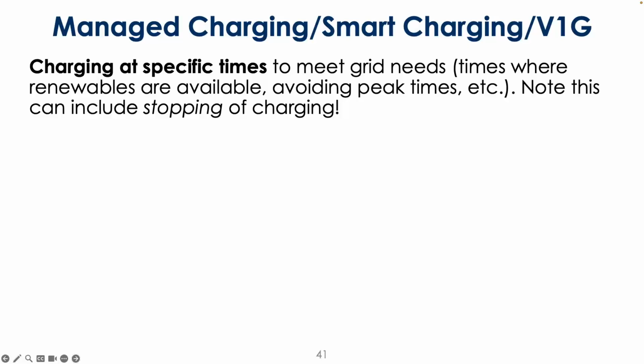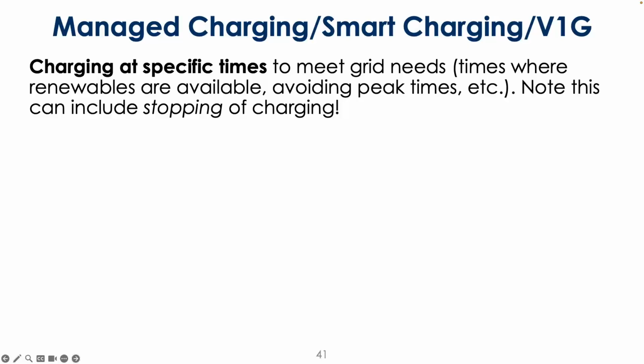With a managed car, maybe you drive home, you plug in, there's some kind of communication and the grid tells the car in some way, actually 5 o'clock, this is not a good time for you to charge. There's a lot of other people using electricity right now. It's also going to be maybe more expensive. Let's hold off on charging. And then maybe at 9, 10 o'clock, it says, okay, this is a good time to charge.